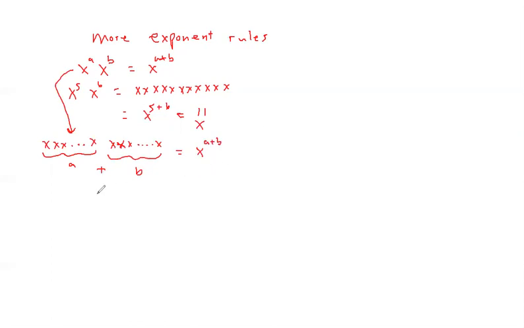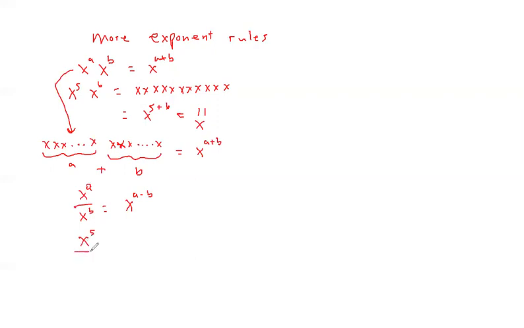Okay, the next rule is going to be the division rule. When I have this, I have x to the a minus b. And that's, again, really easy to see with a concrete example.